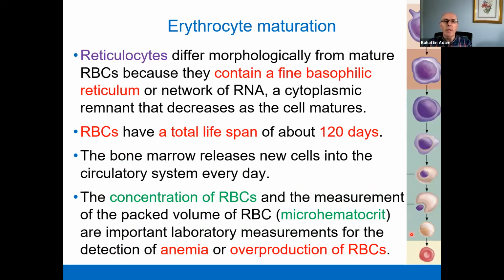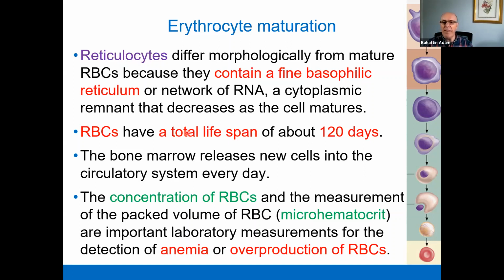Now, reticulocytes differ morphologically from the mature red blood cell because they contain a fine basophilic reticulum or network of RNA and cytoplasmic remnant that decreases as the cell matures.